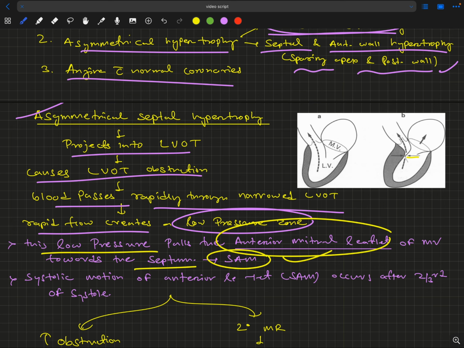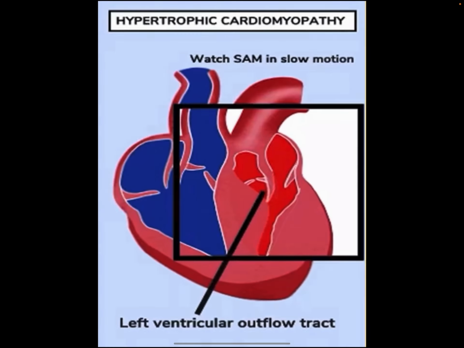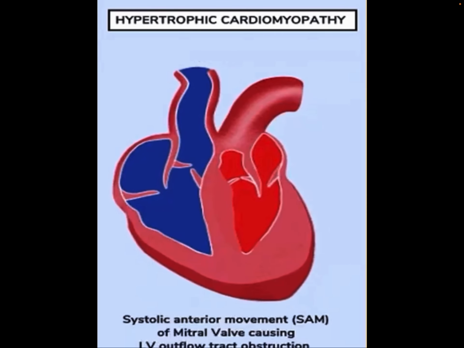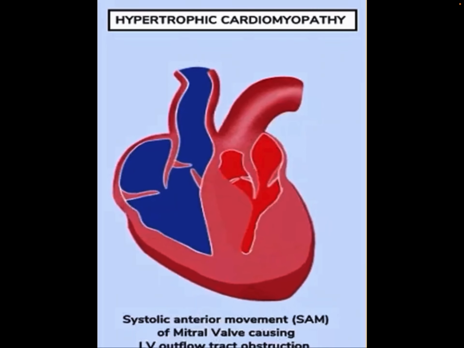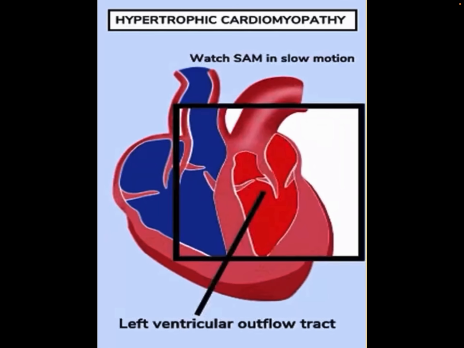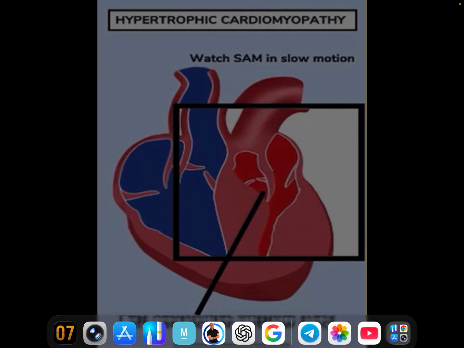So both this asymmetrical septal hypertrophy and the anterior leaflet of the mitral valve cause the left ventricular outflow tract obstruction. I have discussed this earlier in another video. So there will be left ventricular outflow tract obstruction when there is systolic anterior motion of the mitral leaflet, and this mitral leaflet and the asymmetric hypertrophied interventricular septum both contribute to the obstruction.